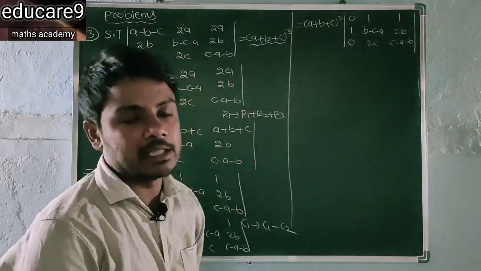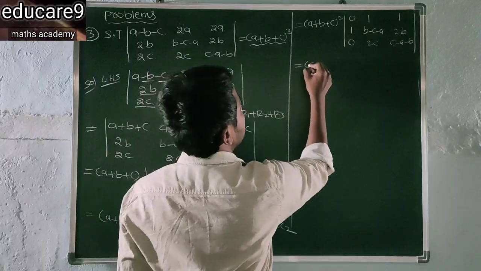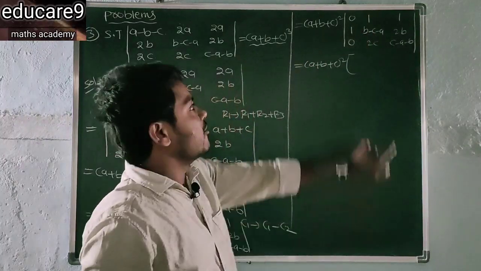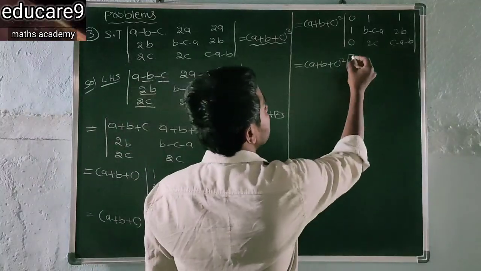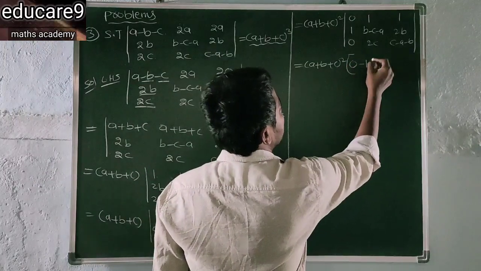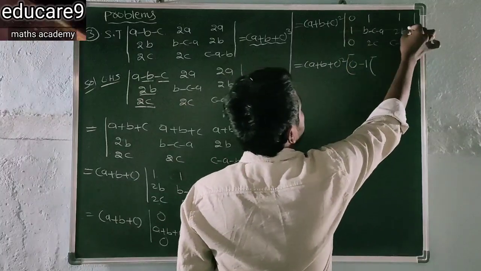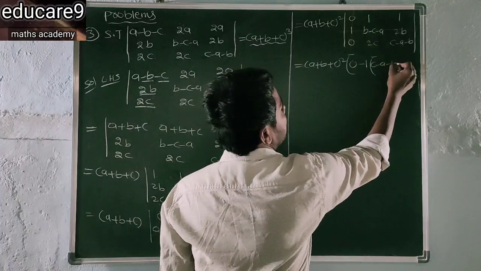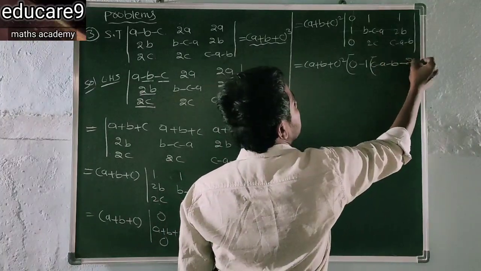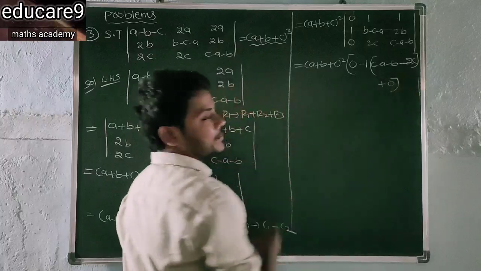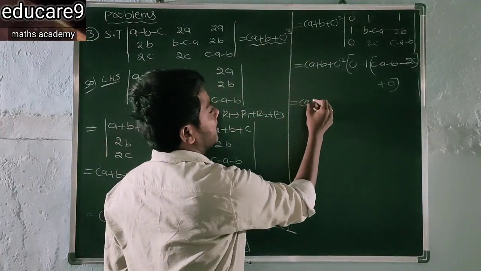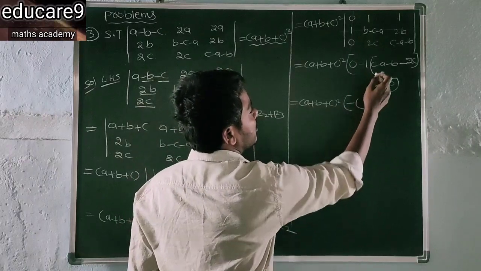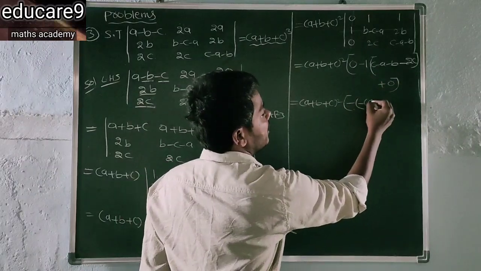You will get A plus B plus C whole square. Taking the first column, the first entry is 0, the second is minus 1 into: delete the corresponding row and column, so 1 into this one, C minus A minus B minus 2C into 1, that is minus 2C. Plus 0. So this is A plus B plus C whole square, and this is minus of A plus B plus C.